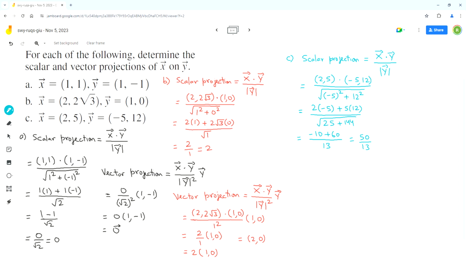Now we can find the vector projection. The magnitude of y is equal to 13.